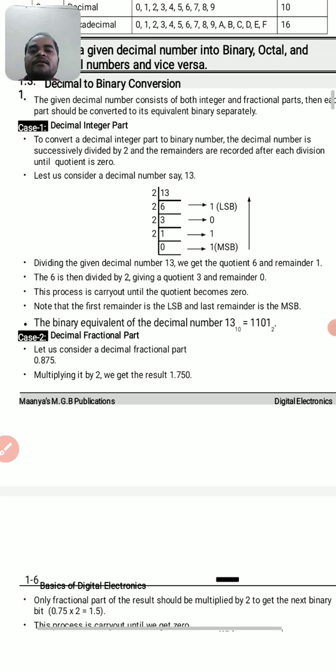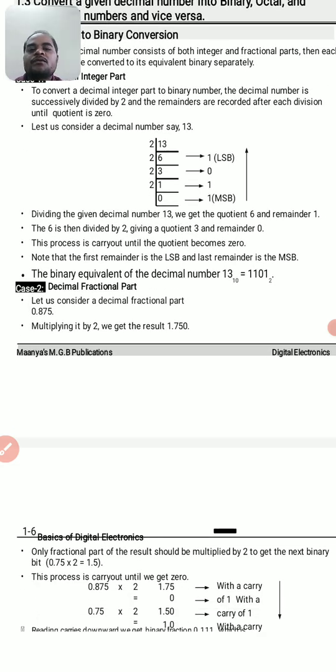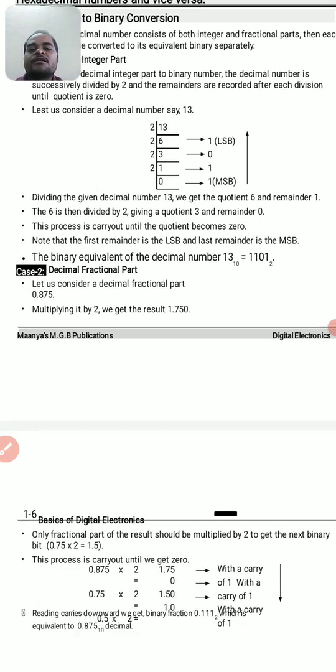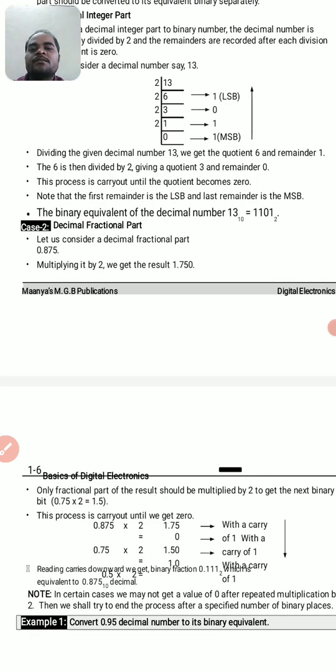This is the important point in this case. So when we complete this division, we can write that the binary equivalent of the decimal number 13 is 1101 base 2. Okay, 13 base 10 means it is a decimal number, and 1101 base 2 means it is the equivalent binary number.